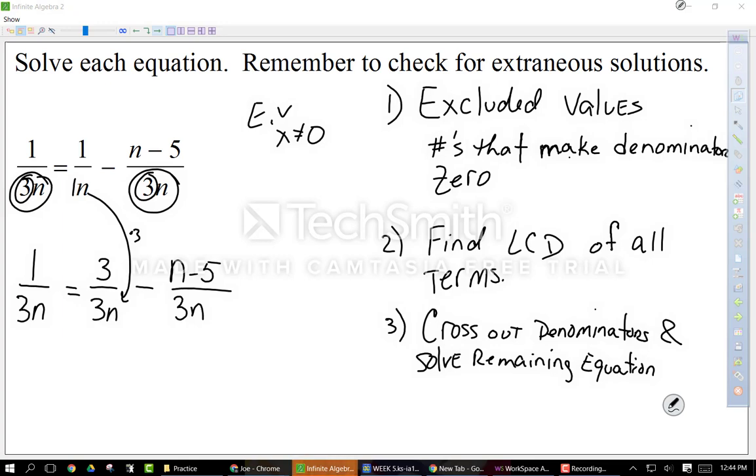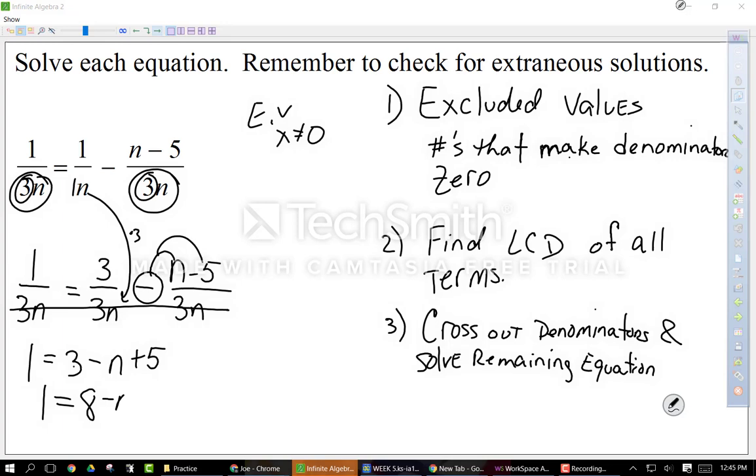Your third step is, remember, cross denominators out, and then solve whatever's left. 1 equals 3 minus n plus 5. Some of you are like, how do I get a plus 5? The negative is distributed to that binomial. We've done that before. So now I solve. I can combine terms on the right side. 3 plus 5 is 8 minus n.